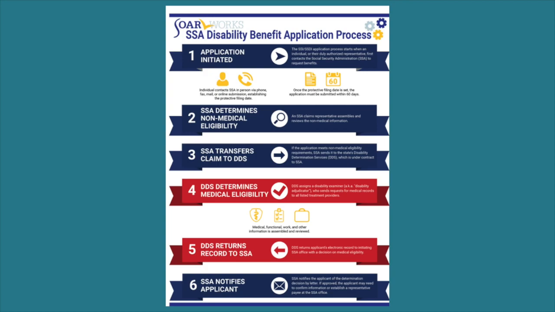Once they decide, thumbs up, thumbs down, number 5, Disability Determination Services gives their decision about the medical disability back to the Social Security Administration, and it is then, number 6, that you get a notification from Social Security of, we found you to be disabled, or we did not find you to be disabled.